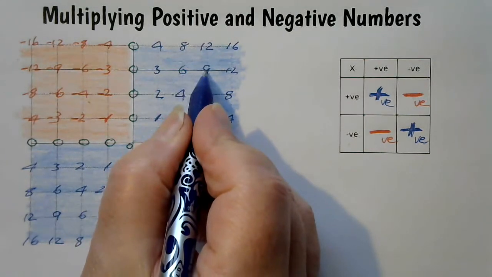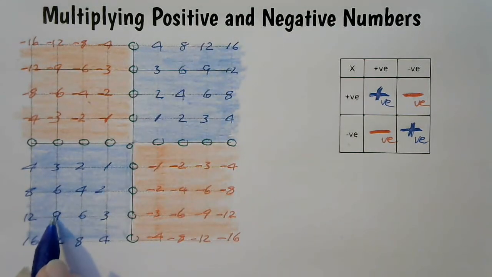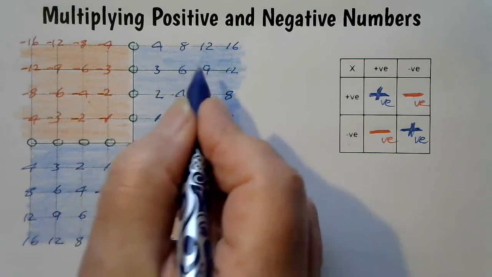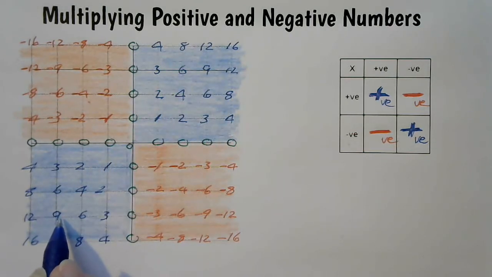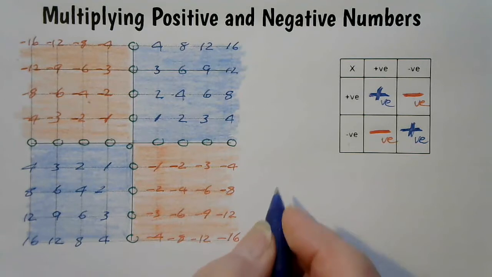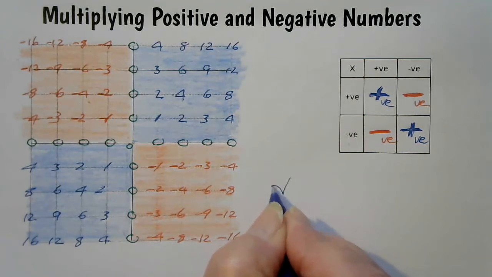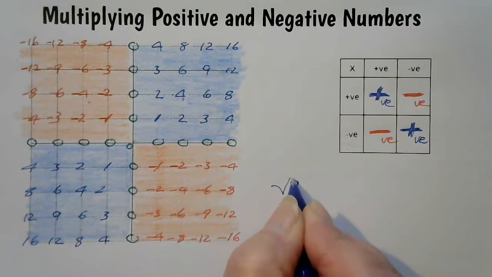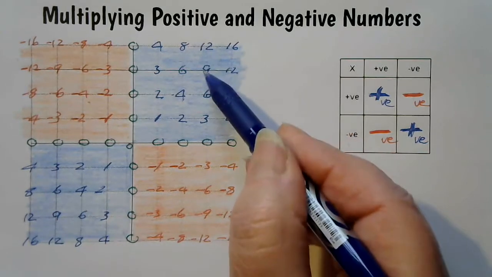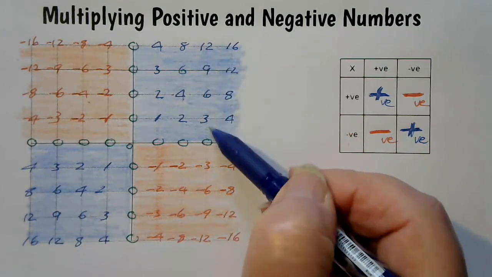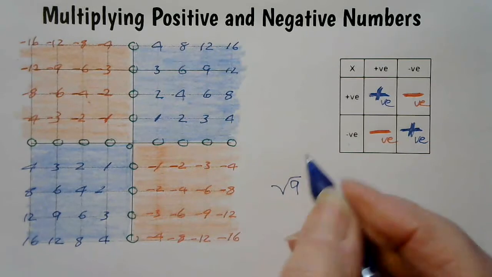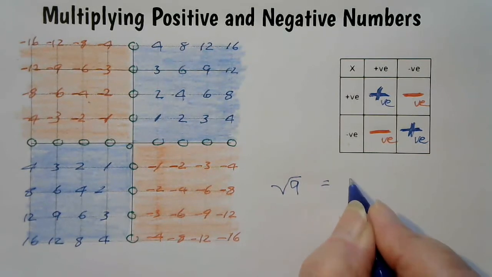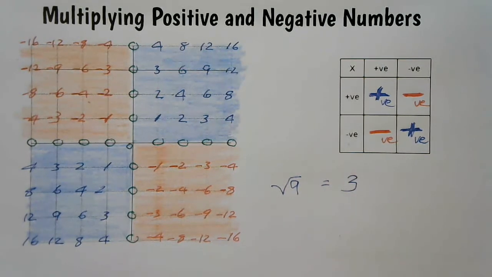Look, I've got 9 here and I've got the same 9 here. It's the same number 9, it's not a different 9. Now if I want to take the square root of 9 here, I can see it's 3. Okay, so the square root of 9 is 3.